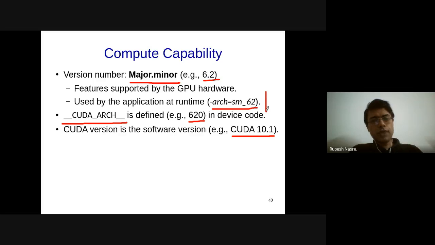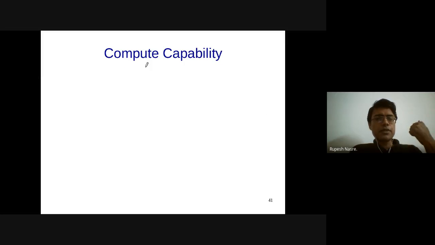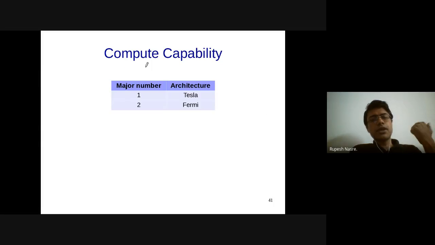Okay, so there are a large number of such compute capabilities which have gone across different versions, and especially this major number is the one which defines a different family of GPUs, right? So I'm just going to show you the first two. For example, we had the Tesla GPUs and the Fermi GPUs, right? So that's the architecture which is defining, in some sense, the processor family.